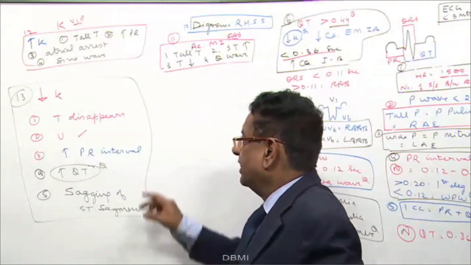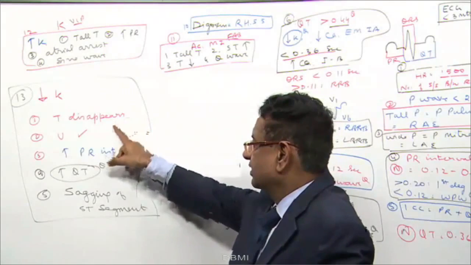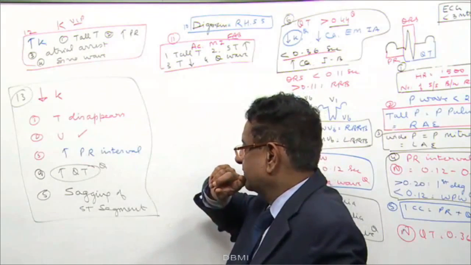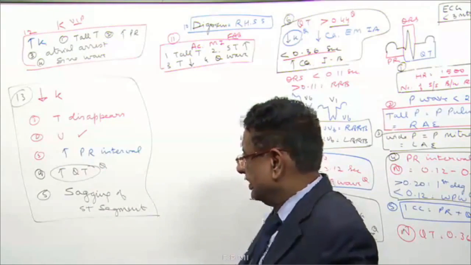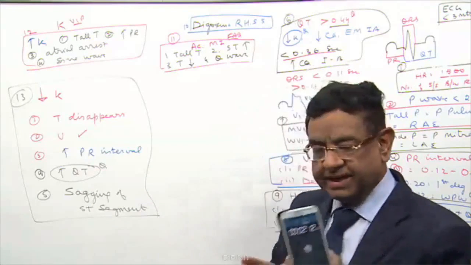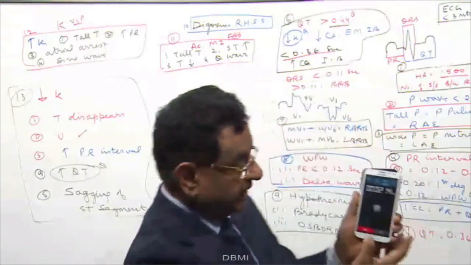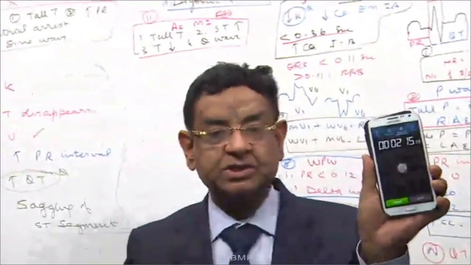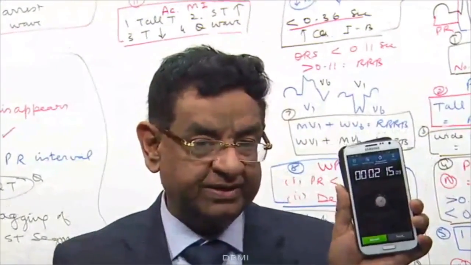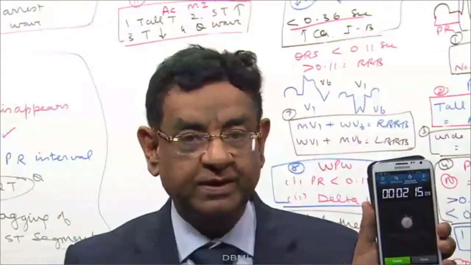In hypokalemia, T disappears, U appears, prolonged PR, most prolonged QT, and sagging of the ST segment. Stop. Friends, it is just 2 minutes and 15 seconds only.